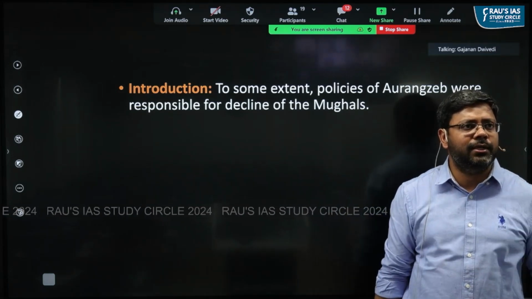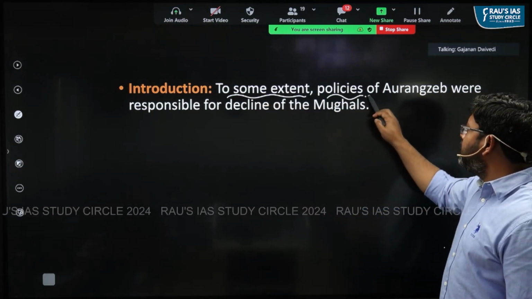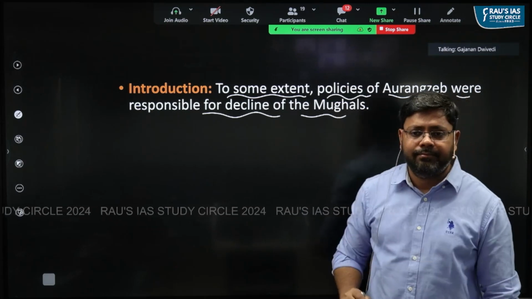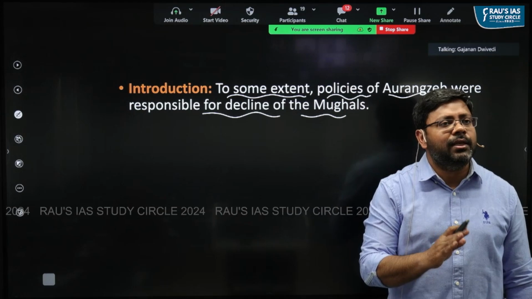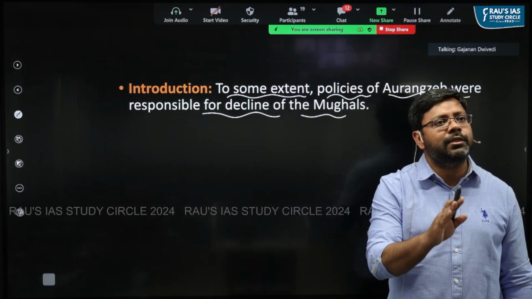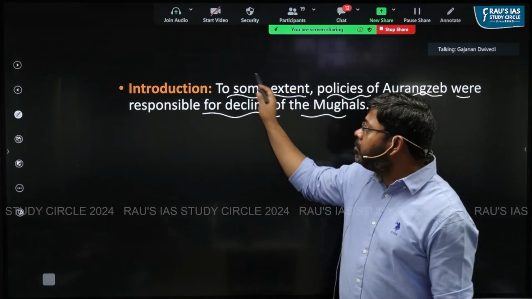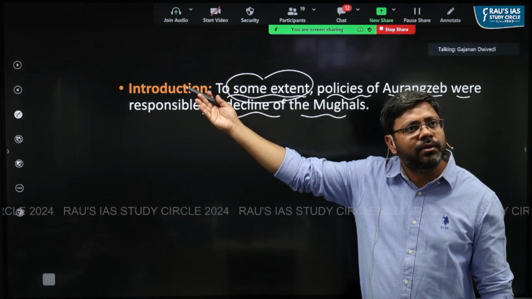Can we not write a simple introduction? To some extent, the policies of Aurangzeb were responsible for the decline of the Mughals. मैंने बोला, to some extent. Yes, we agree with the statement that Aurangzeb's Deccan policy was responsible for the decline to some extent. But that would also prove that to another extent, there were other factors as well.